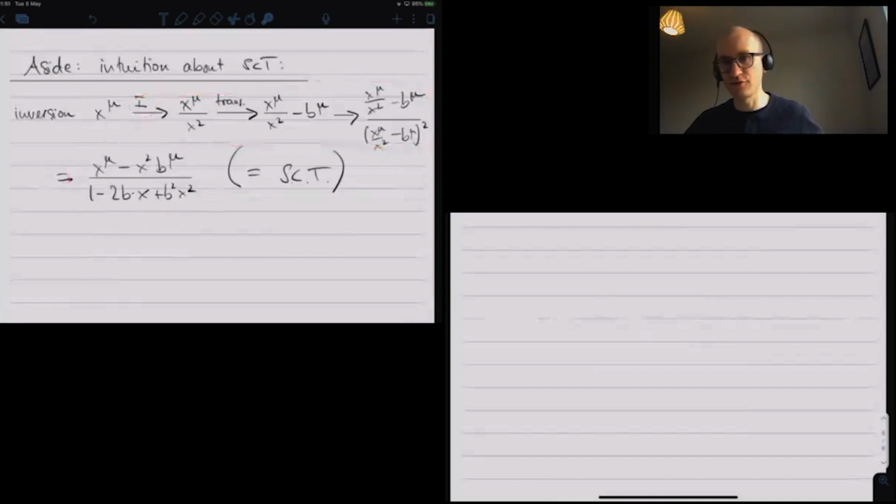We know that a special conformal transformation is a symmetry. All that this sequence gives you is some kind of intuition why the special conformal generator also transforms a bit like a momentum, okay? Because it is like an inverted transformation. It's just a translation, but after you've done an inversion.